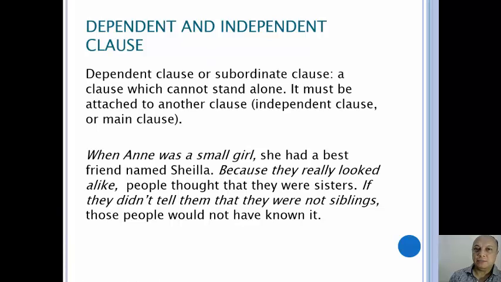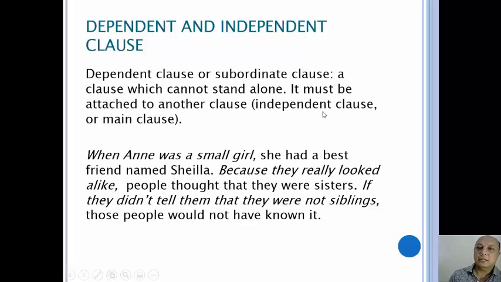It must be attached to another clause, and that other clause is called the independent clause or main clause.